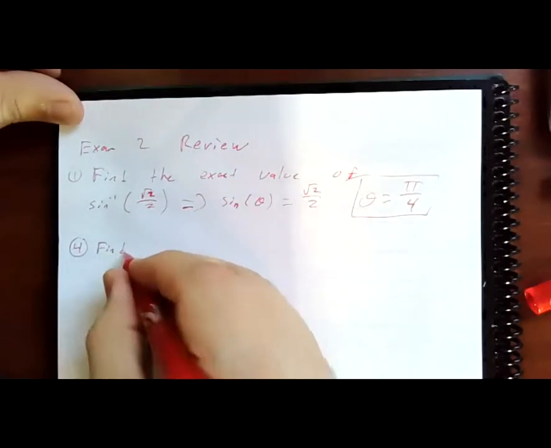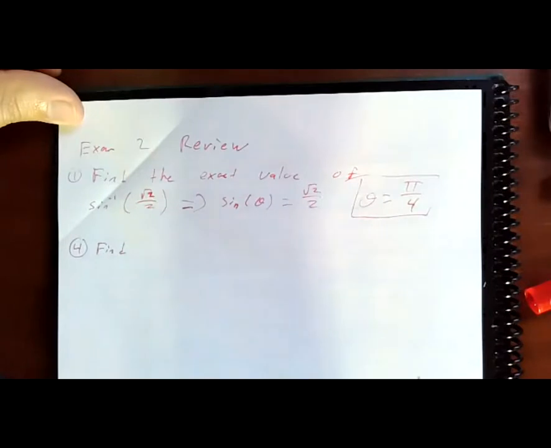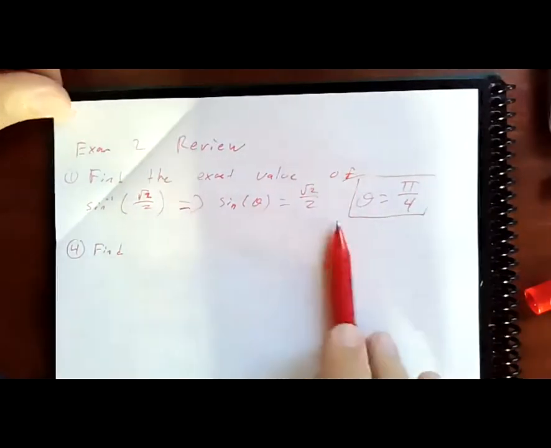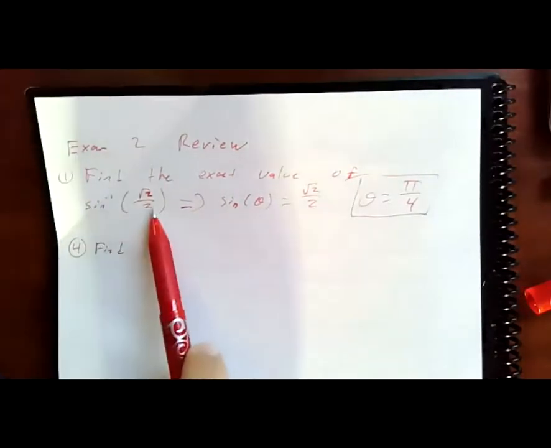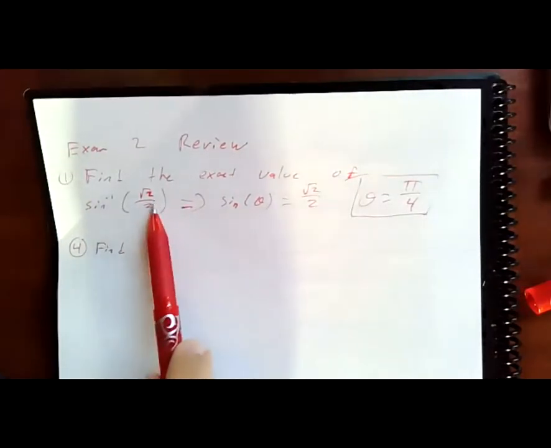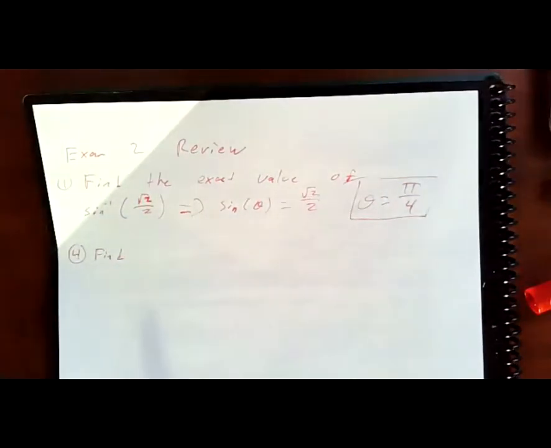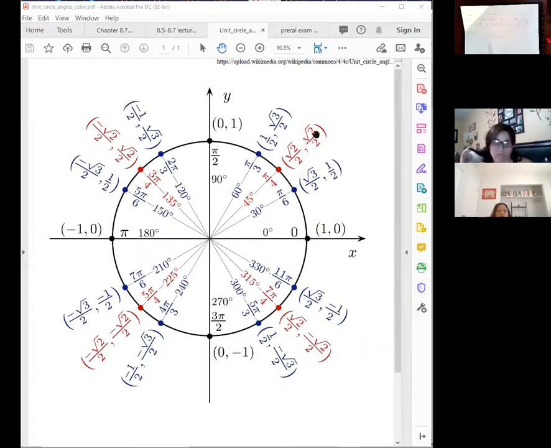So that's by looking at our notes, by looking at the definition and the circle, right? When you see sine inverse of some value, where does this value happen? So we look at the circle here. I get a y value of square root 2 over 2 at pi over 4, or 45 degrees, whatever.